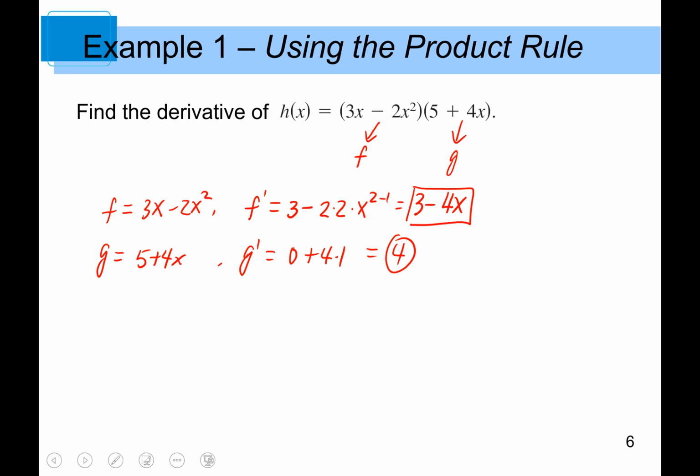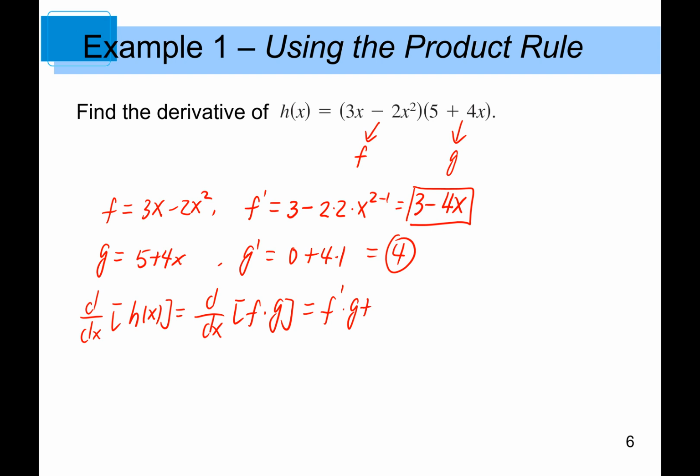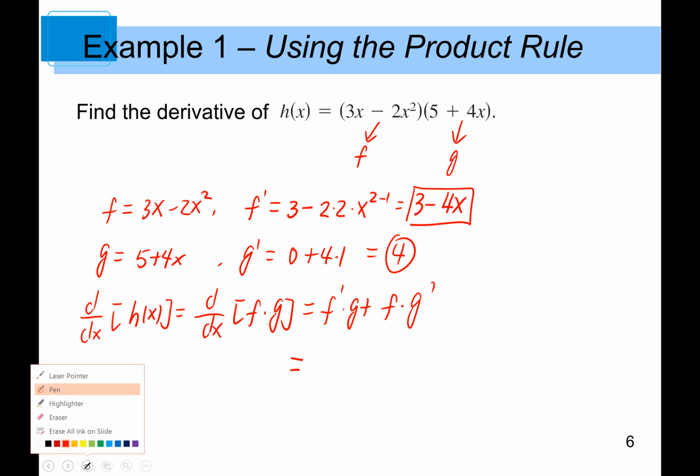Now we can just apply it. The derivative of h of x is the same thing as the derivative of f times g. So it's f prime times g plus f times g prime. Now just replace f prime and g prime with the given expressions.